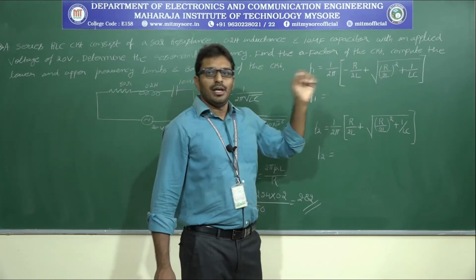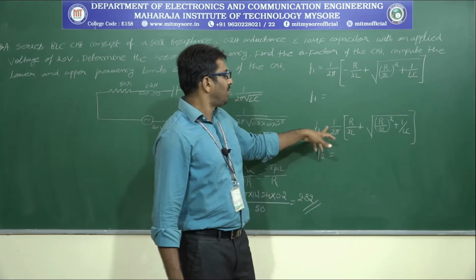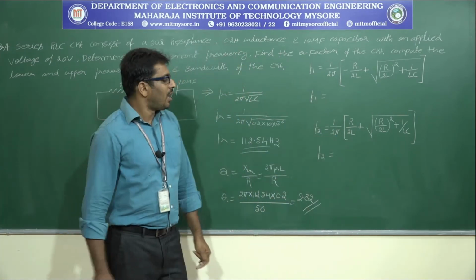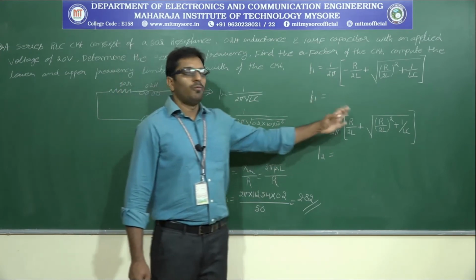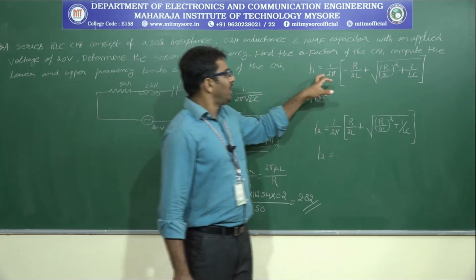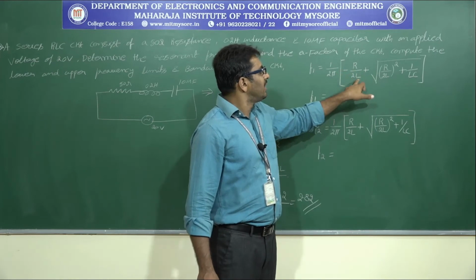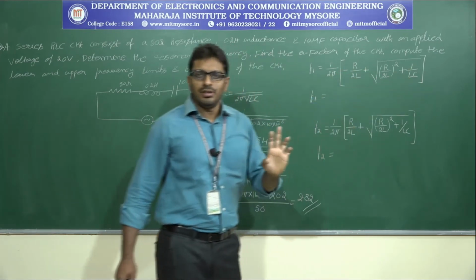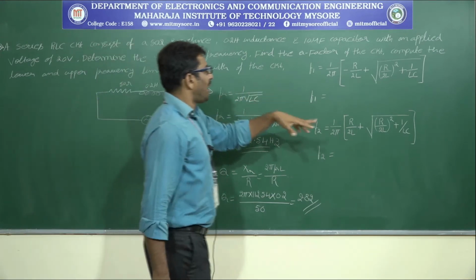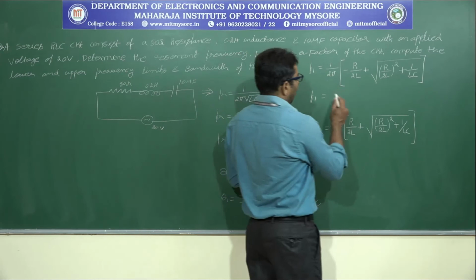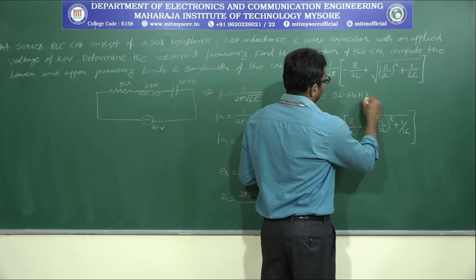The second formula is for the upper cutoff frequency. What is that formula? 1 by 2 pi into R by 2L plus square root of R by 2L whole square plus 1 by LC. We already know the values are given, right? The R value is given, the L value is given, and the C value is also given in the data itself. Directly by substituting these values in this formula, you will get F1 is equal to 92.64 hertz.